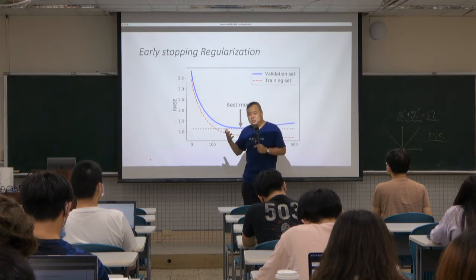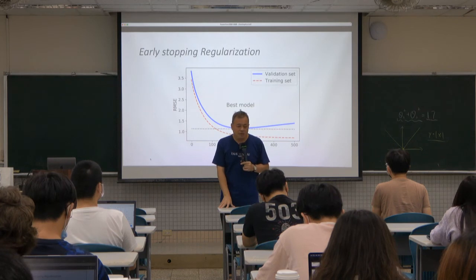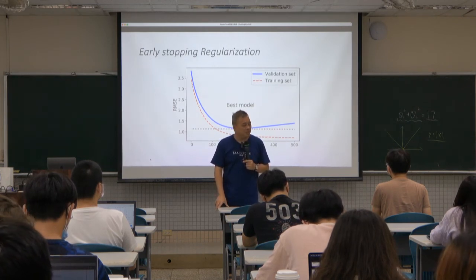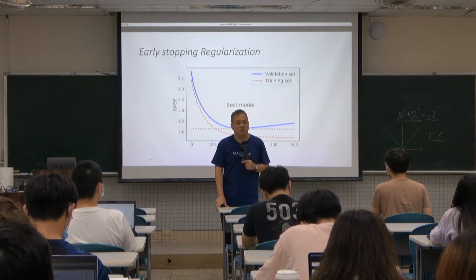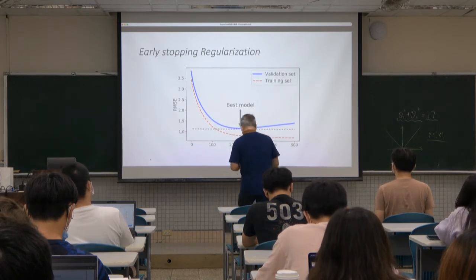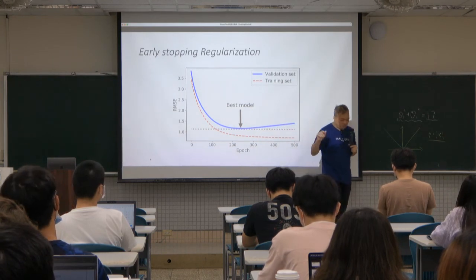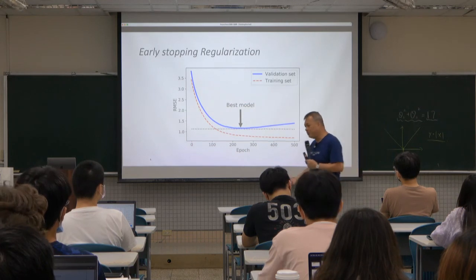For early stopping, it's okay to set a very, very large number for the iterations, because eventually the training will be stopped before the model runs into overfitting anyway. So you don't need to worry about setting a large number for iterations.